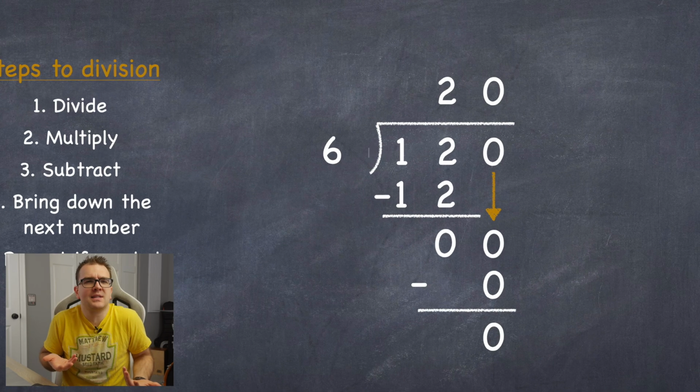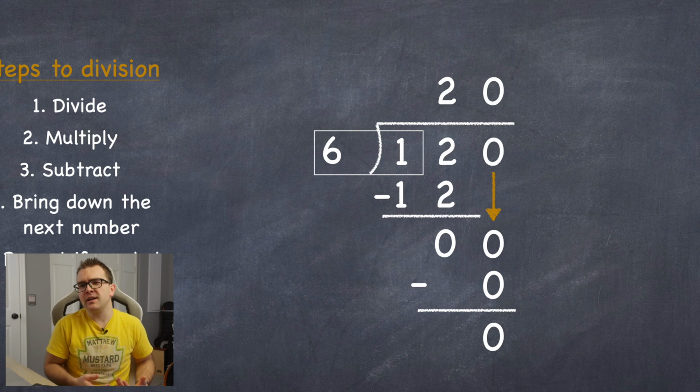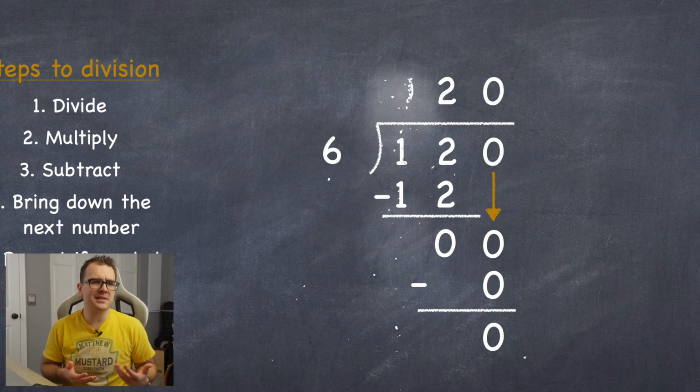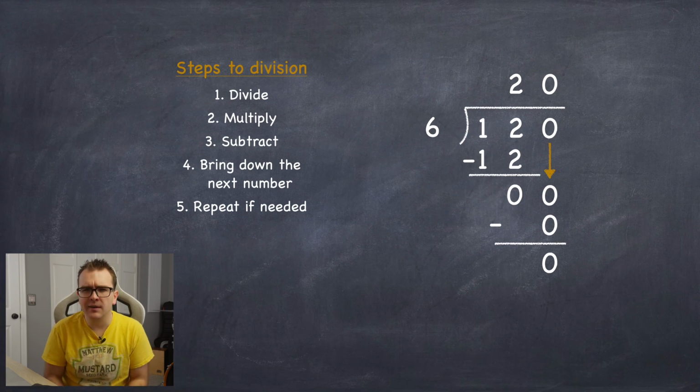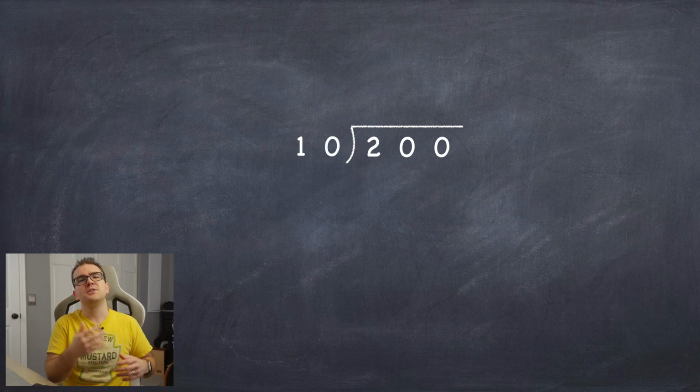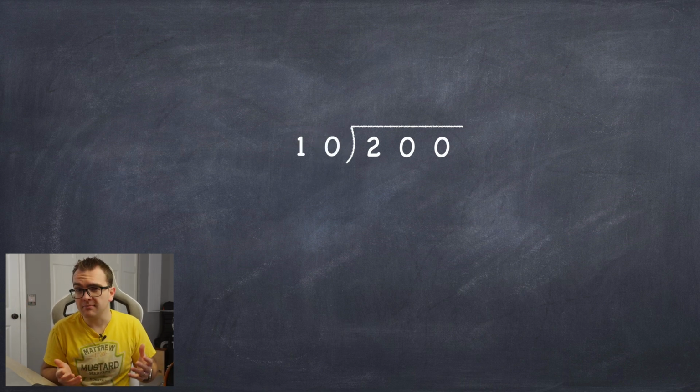Now, we could have said that 1 cannot be divided by 6 and just put a 0 here, but then we would be doing unnecessary work, and we don't want to do that. Okay, so hopefully now you can start to see how long division by hand is really useful for breaking down really big numbers. So what about 2-digit divisors, like 200 divided by 10?